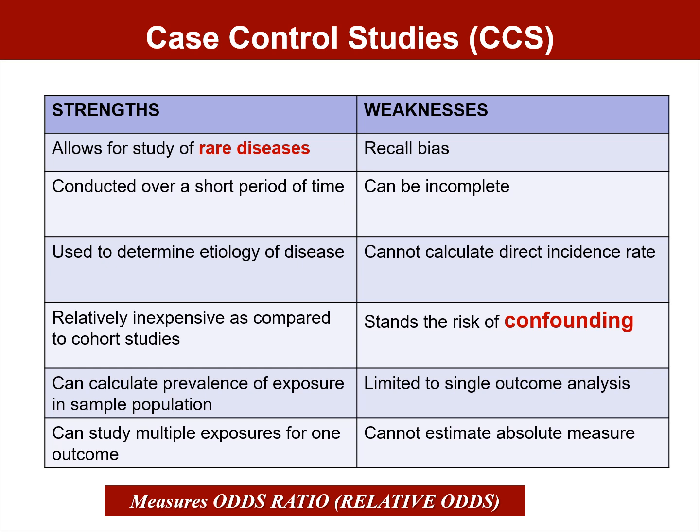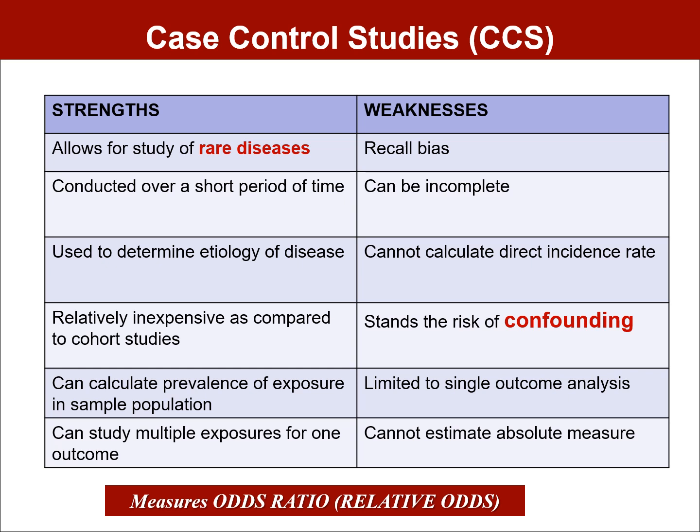Because it's retrospective in nature, remember we said incidence is the number of new cases that you have in a particular population, usually a population at risk or a particular outcome. Because this is retrospective in nature, you're unable to directly compute the incidence or the incidence rate. Please make note of this. You cannot compute incidence with case control studies.